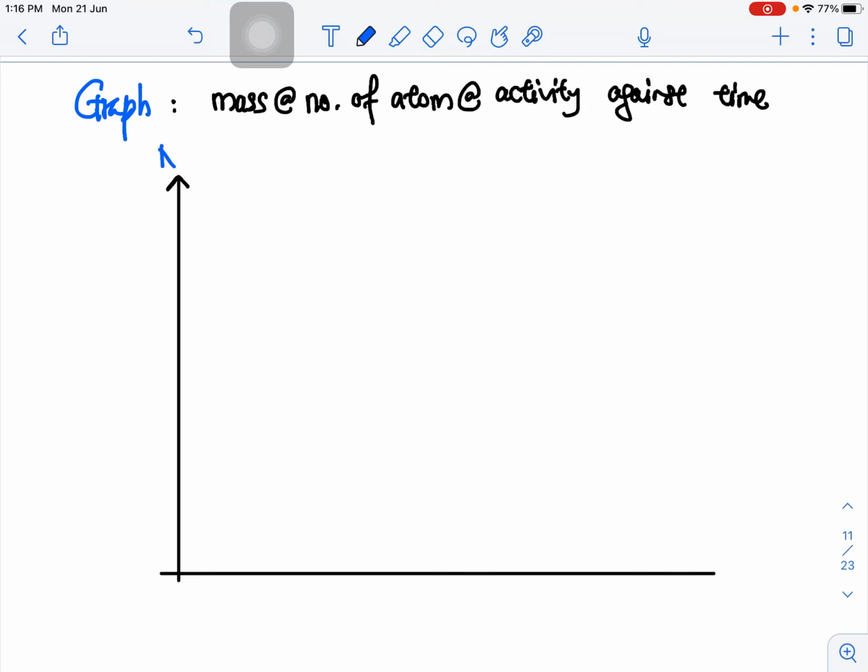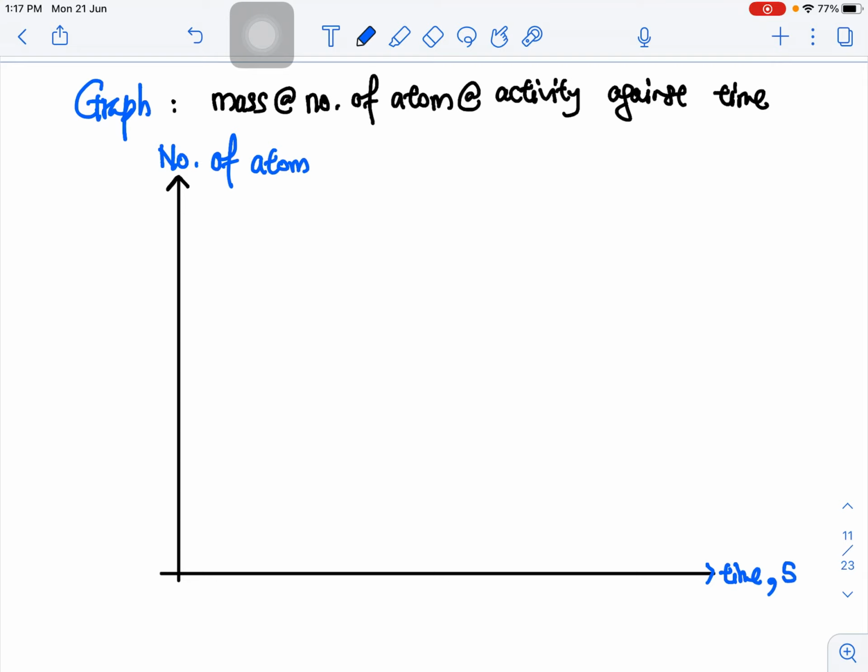Let's say we use number of atoms. A number doesn't have any unit, but if we use mass, we have the unit gram or kilogram. The x-axis refers to time. The time may be in the unit of seconds, minutes, hours, days, weeks, months, or years. Let's say we use seconds.